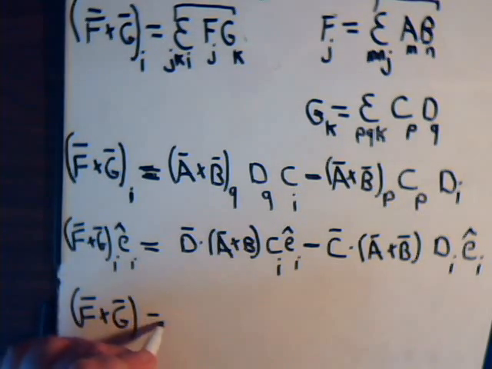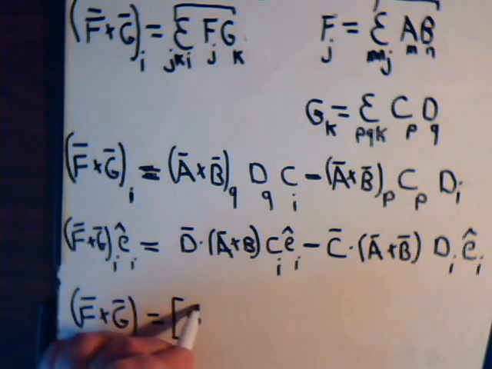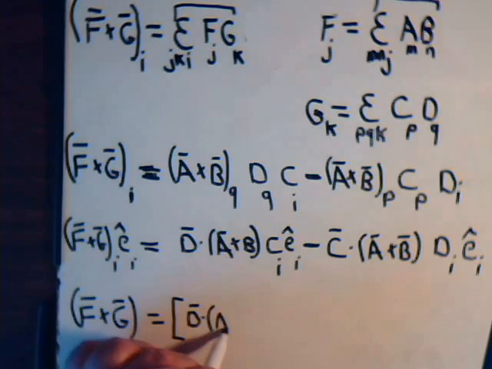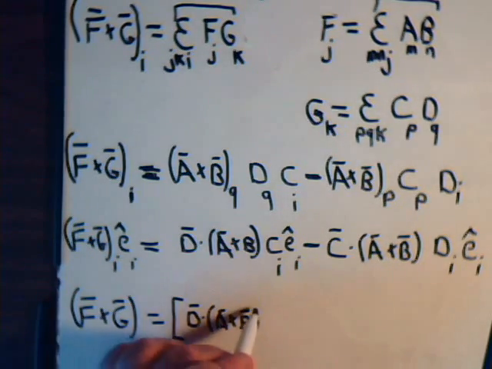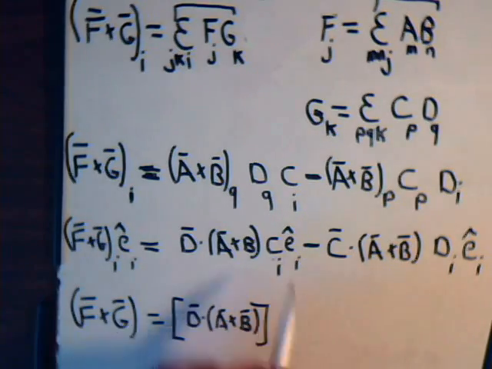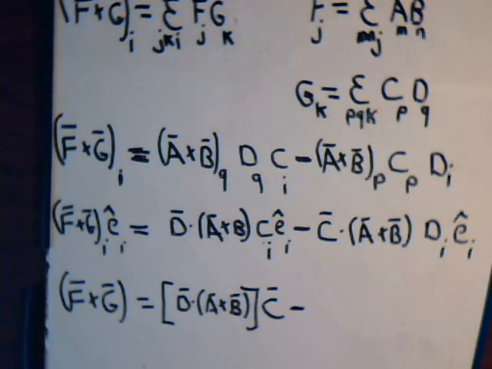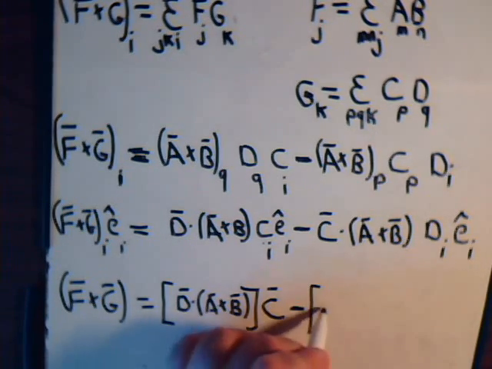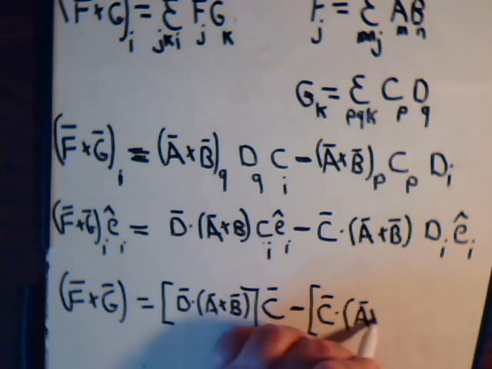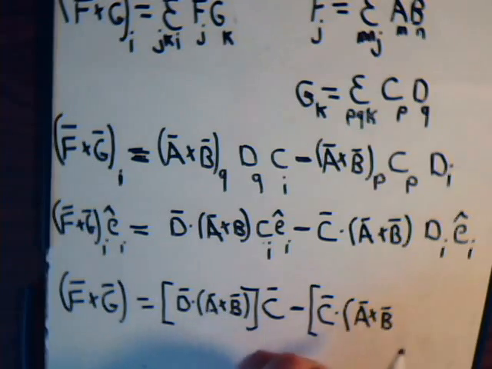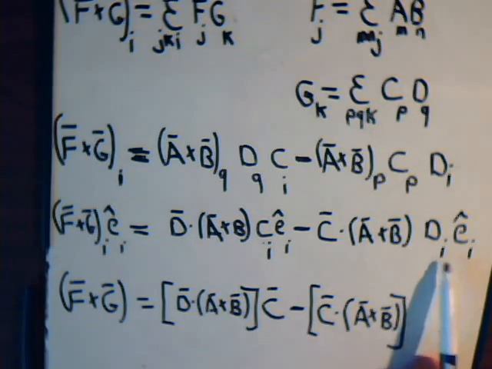Equals D dot A cross B times vector C, minus C dot A cross B. And this is vector D.